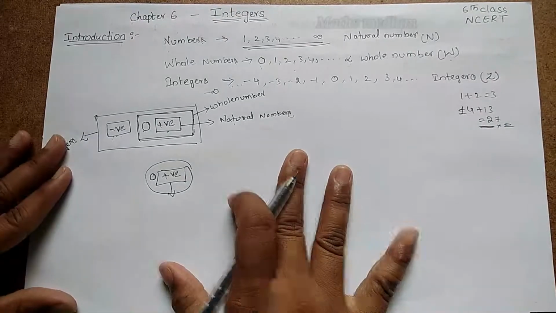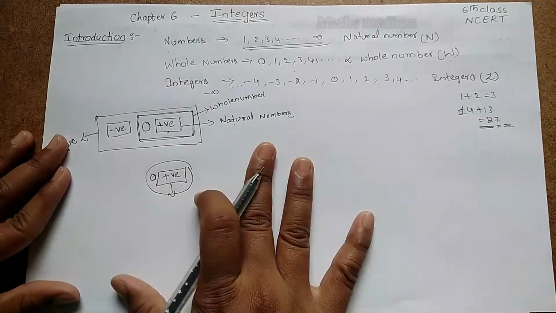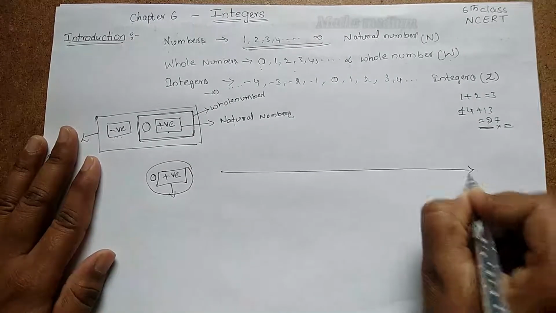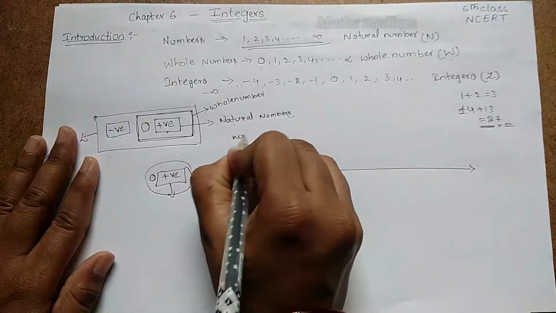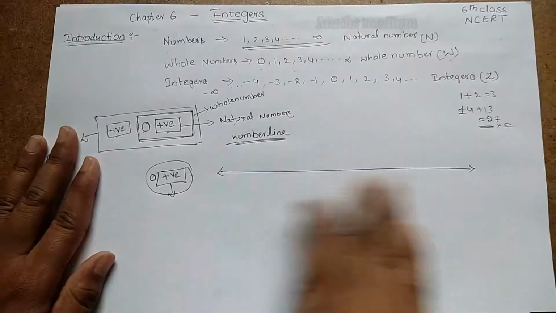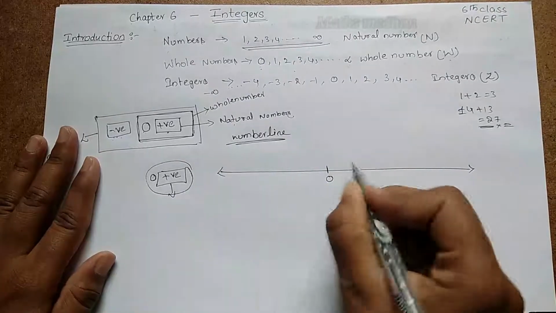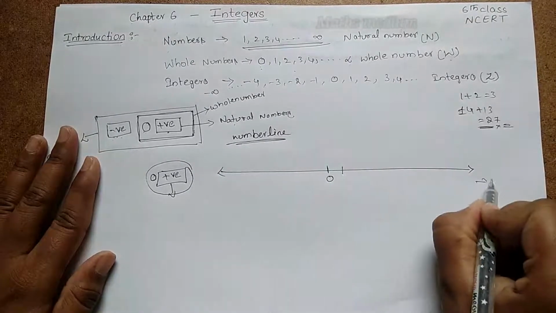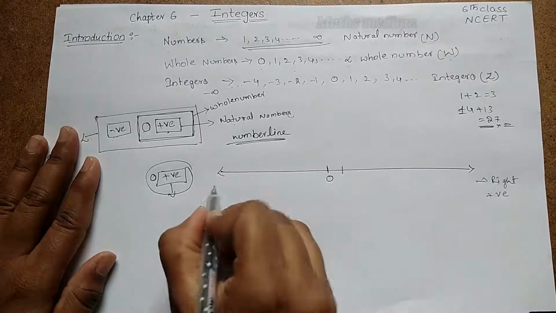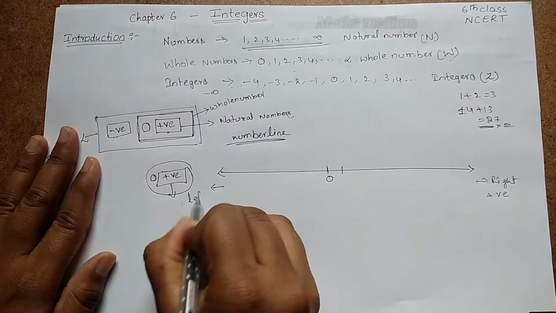Here we are going to learn about the integers, how we denote them on a number line. Take a number line. It is made with a 0, positive numbers on the right side, and negative numbers on the left side.